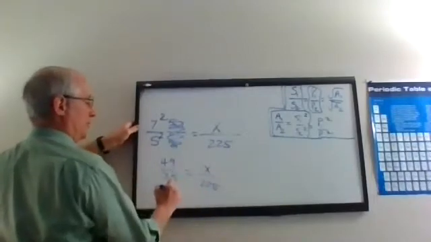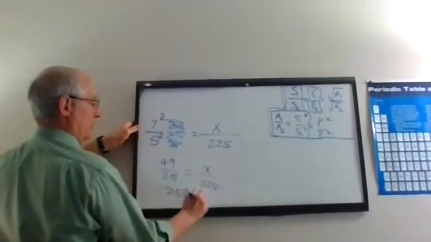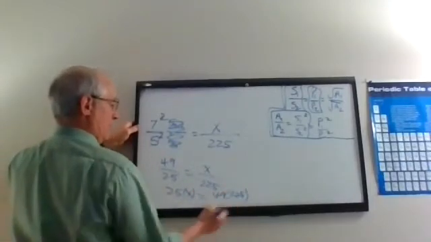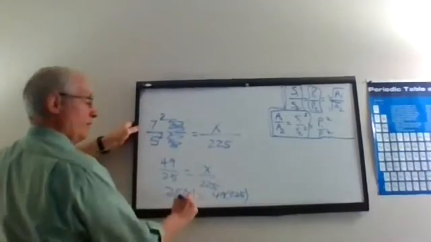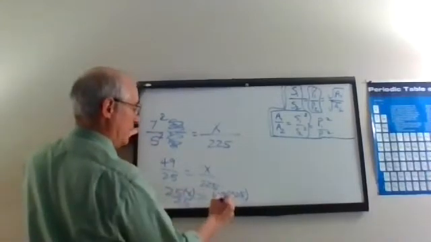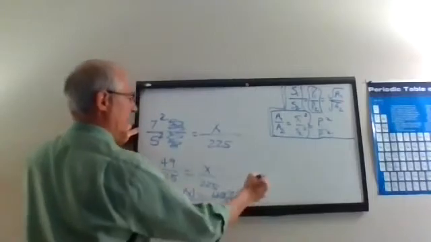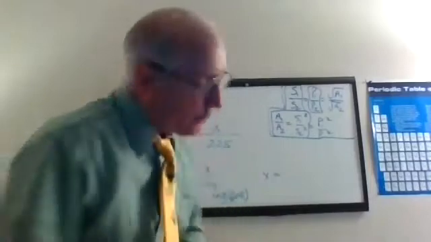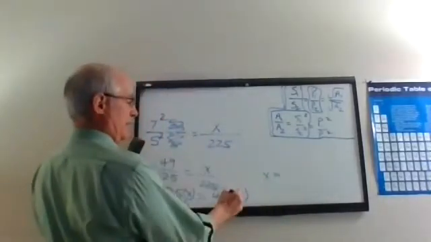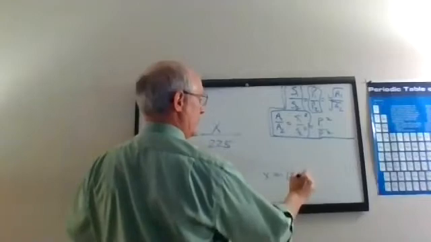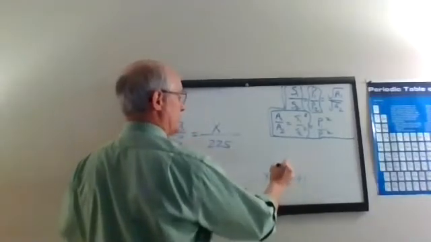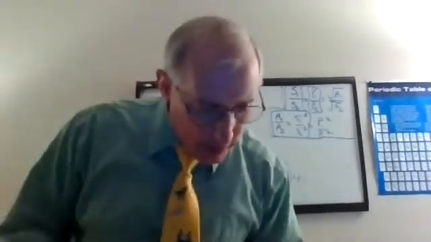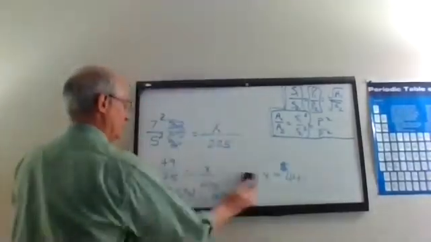Cross multiply, 25 times x equals 49 times 225. And so you're going to divide by 25. And so x is going to equal 441. When you take that times that divided by that, it's going to get 441. And it represents area, which represents the money spent. Okay, let's look at example 3, ratio of areas.